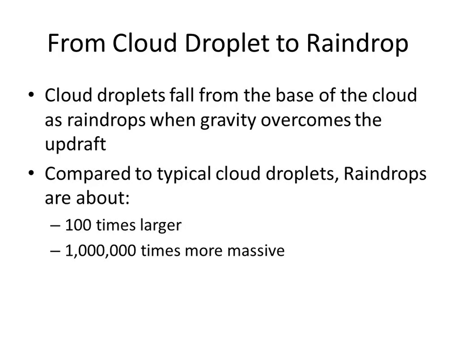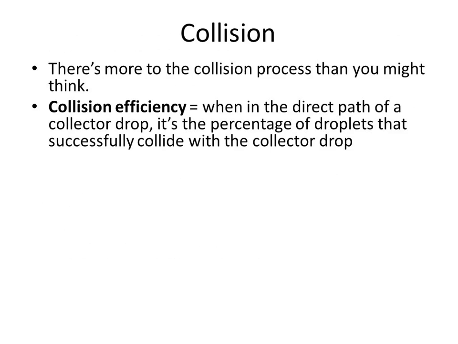So it basically gets larger via the collision coalescence process. Collision coalescence, that's what makes it larger. The term is great because it really describes colliding, and the word coalescence means kind of comes together. So the big ones collide with the little ones, and they make one big happy water droplet, basically. That's collision coalescence.